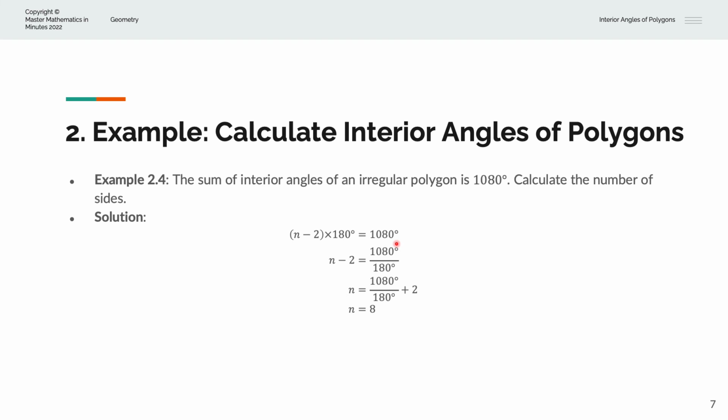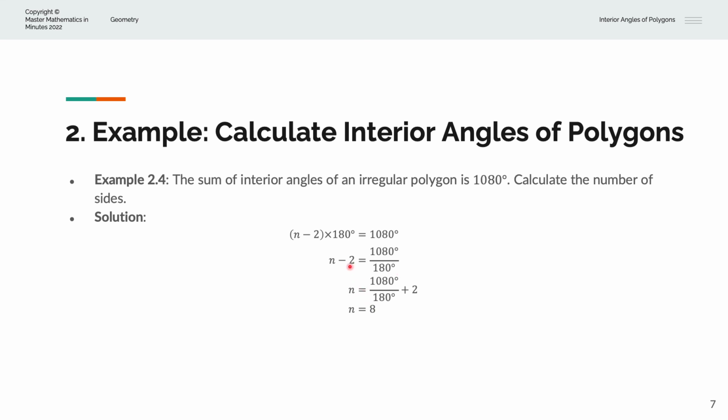And the idea here is to solve for n, being the number of sides. So we'll divide both sides by 180 degrees. That leaves us with n minus 2 on the left, and on the right it's 1080 divided by 180.